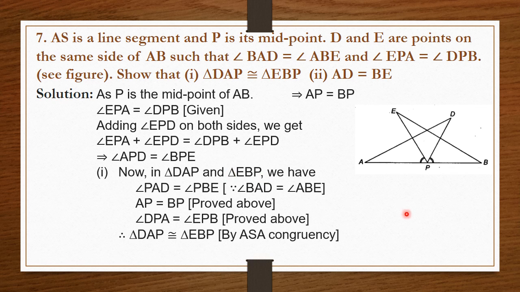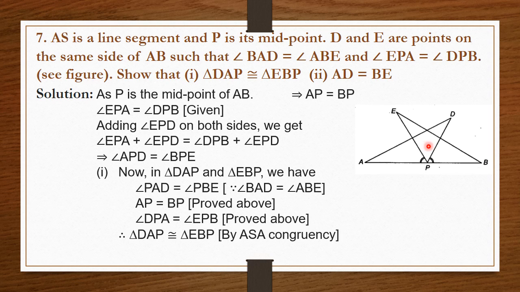Now in triangles DAP and EBP, we can say that angle PAD is equal to angle PBE. It is already given. Then AP is equal to BP, already given. And also angle DPA is equal to angle EPB, which we have just proved.